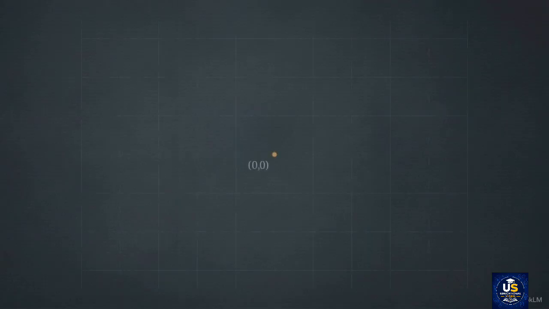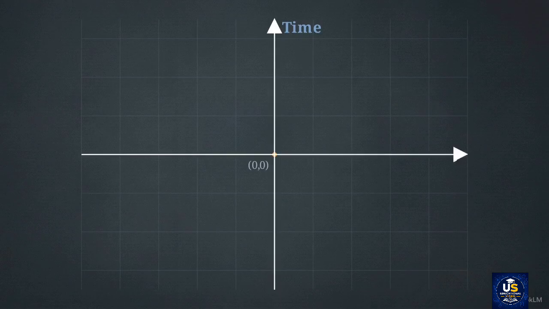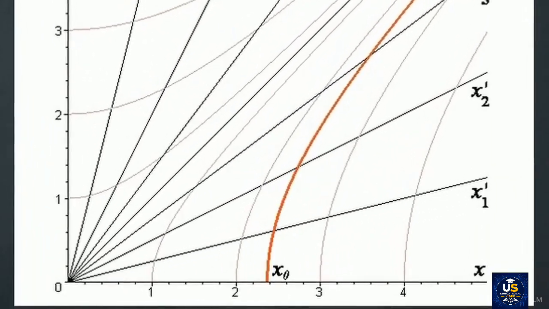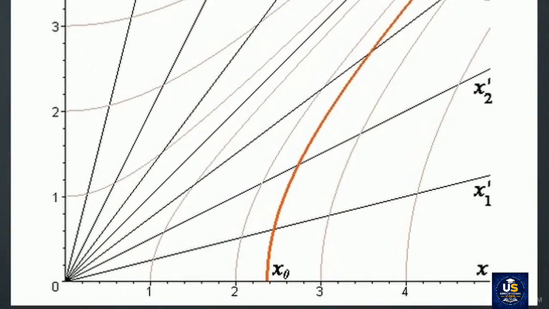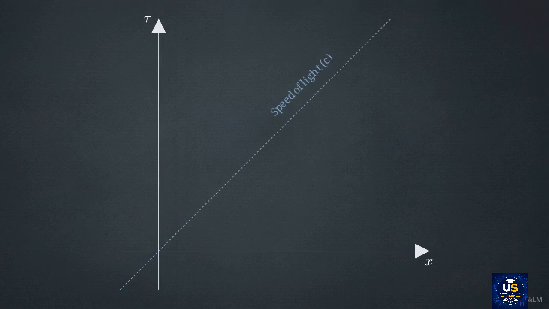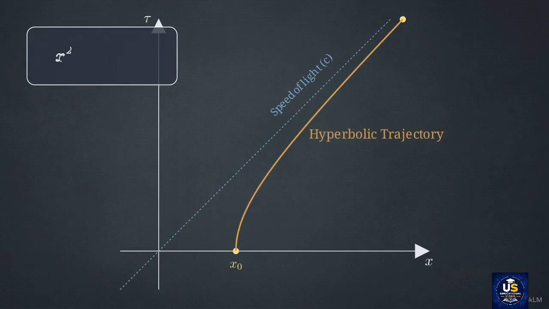We start with a stationary baseline reference frame, plotting time vertically and space horizontally. This diagram displays the space-time world line of a test particle subjected to a constant proper acceleration from a starting point, x0. The physical action of that continuous acceleration traces a distinct geometric hyperbola, defined algebraically as x squared minus tau squared equals x0 squared.